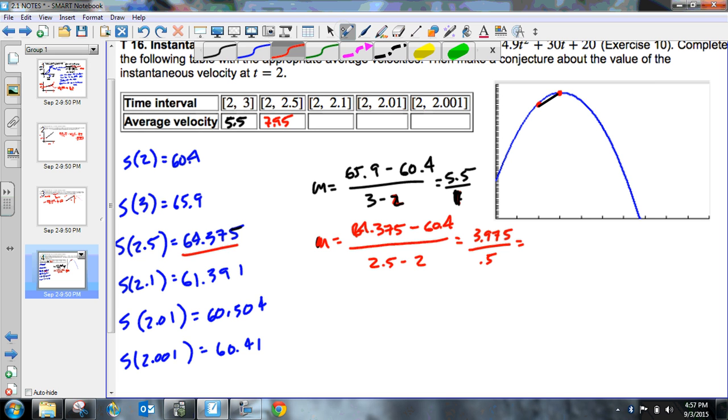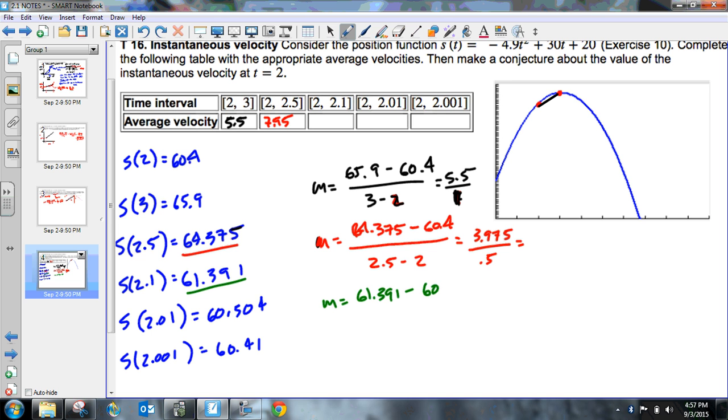All right, let me do that one in green. So that slope is 61.391 minus 60.4 all over 2.1 minus 2.